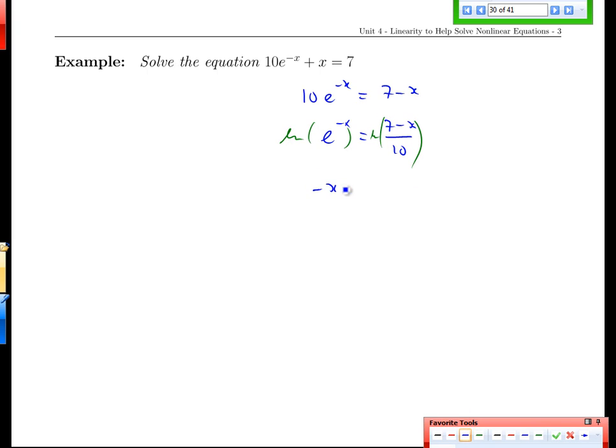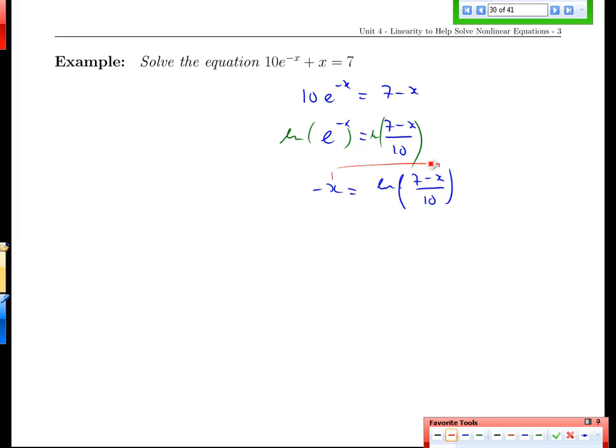And then we get negative x equals ln of 7 minus x over 10. And we start to realize there's a problem. This x, the one we're solving for, is also here on the right-hand side. We haven't gotten rid of it from there yet.